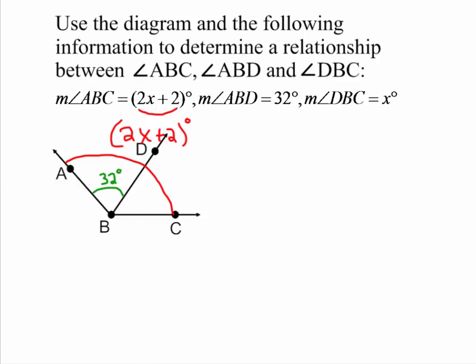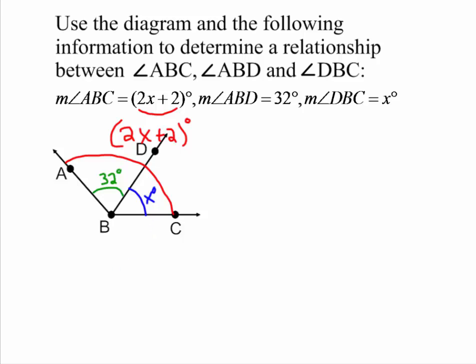And then we also have the last part, the measure of angle DBC is represented by x degrees. So DBC is this angle here. If I make this arc here, they're saying the measure of this angle is going to be represented by x degrees.